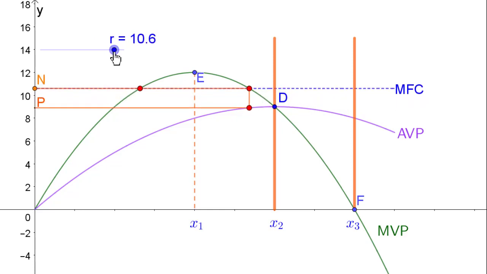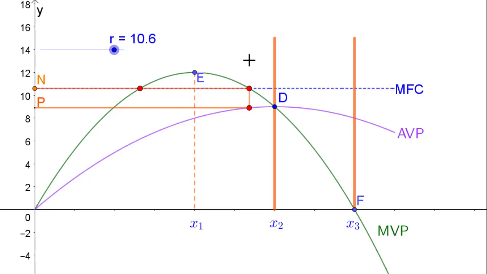If I increase the input price, you can see MFC is above the AVP curve. And because MFC is higher than AVP, the region between the points M, P, K, L, so MPKL, is actually the profit loss.